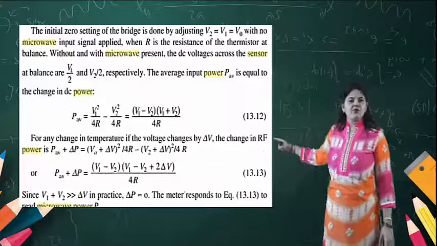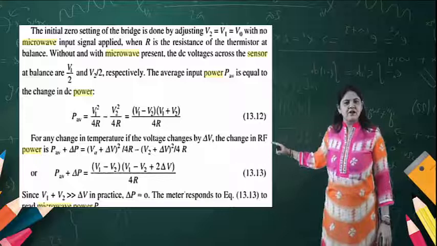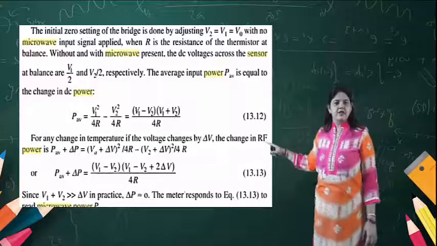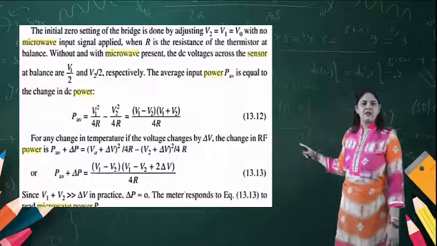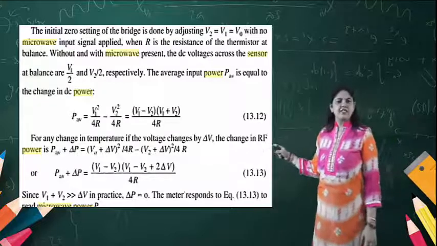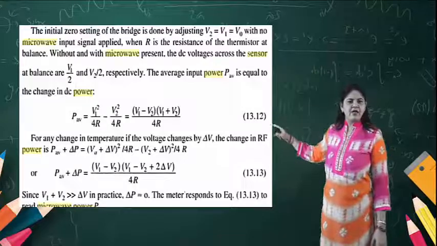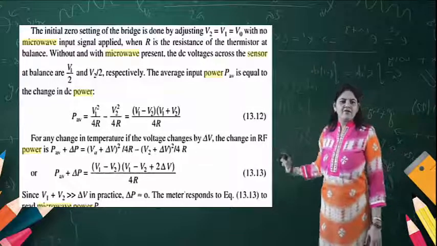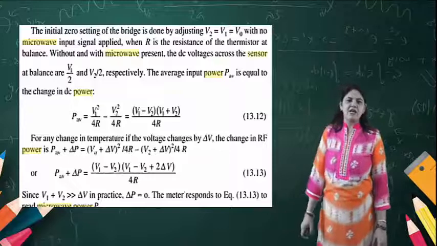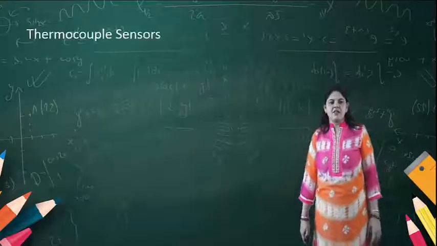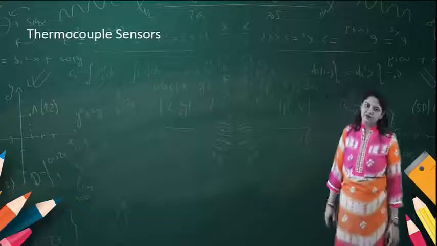Now for any change in the temperature, if the voltage changes by delta V, the change in the RF power is P average plus delta P. So we can put the value over here and find out P average plus delta P. This way we are able to measure the power.